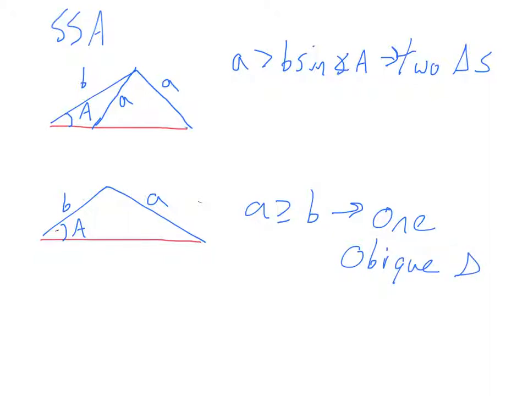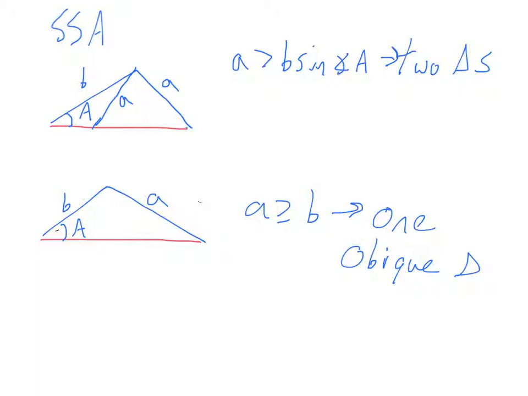In this case, you can make two triangles, and in both cases they're going to be oblique. And this last triangle that's formed is always going to be an oblique triangle.